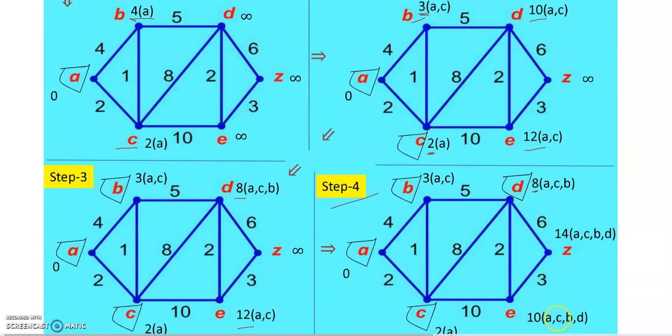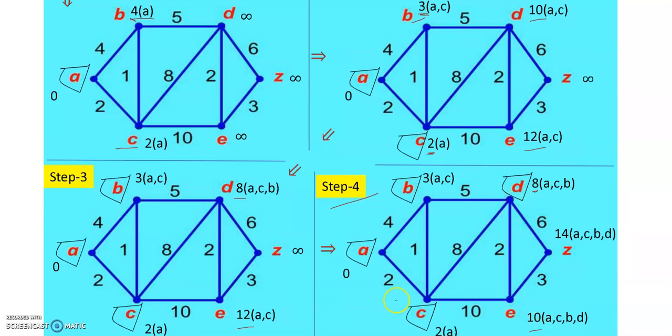Now you see, in a similar way we have to calculate for E and Z. Now for E, what is it? After fixing these 4 vertices with minimum distance, A, C, B, D, which means A, C, then B, then D, then reaching E, which means 10.